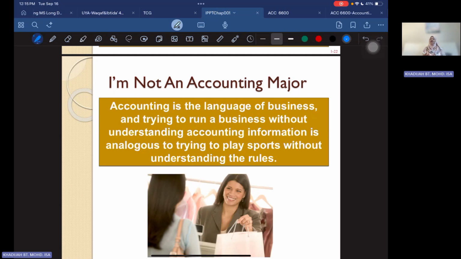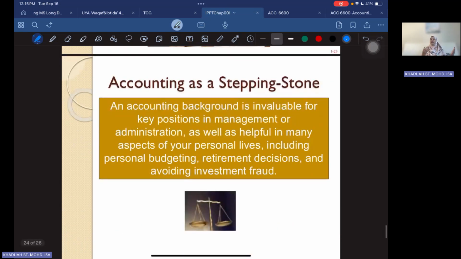So I believe that you'll be able to appreciate this accounting information by understanding the rules of the business, so that you'll be able to do better as compared to those without the accounting knowledge. And you having a master of management, inshallah.